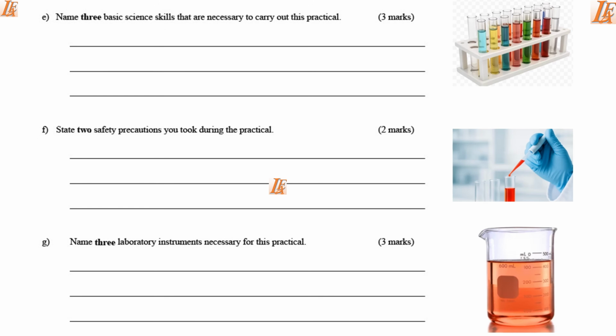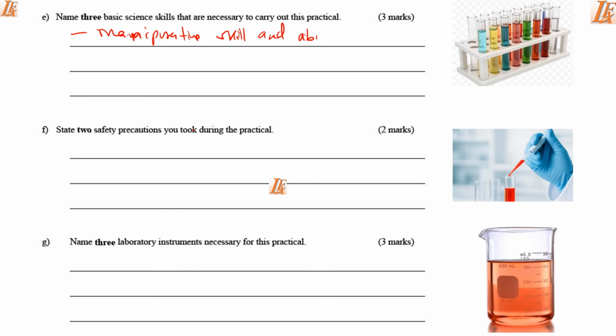So another question, name 3 basic scientific skills that are necessary to carry out this practical. When we did that practical, what skills do we need for us to do all those experiments that we have done? The first one is manipulative skills and abilities.